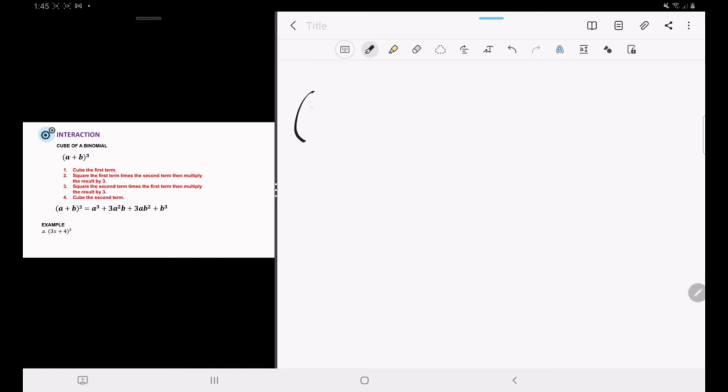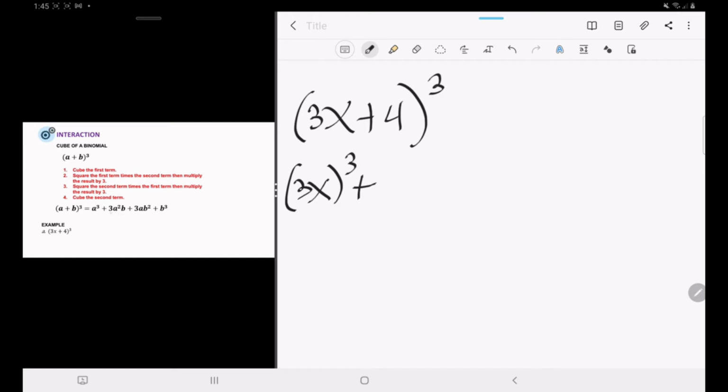For example, we have 3x plus 4, then cube. The first term is 3x, the second term is 4. So using that pattern, we get the cube of the first term, so 3x cubed, plus 3a squared b, meaning the square of the first term times the second term, then multiply the result by 3.